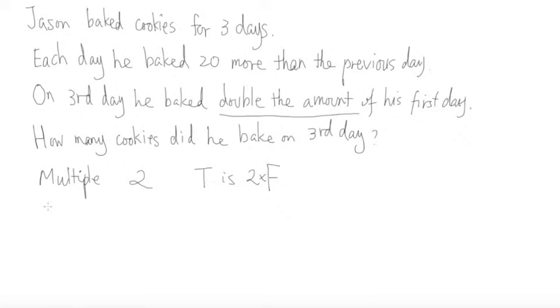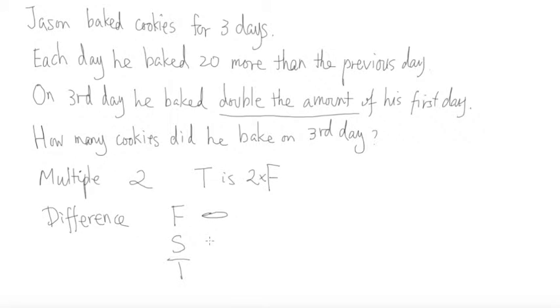And then the question is, what is the difference? Okay, so in this case, we need to compare the difference between the first day and third day. So let's use F to denote first day, S to denote second, and T for third. And first day, he baked some cookies.